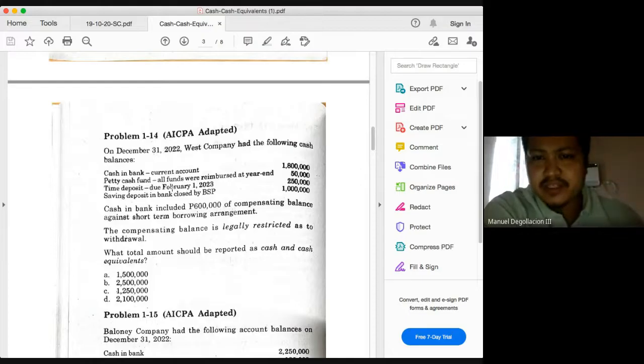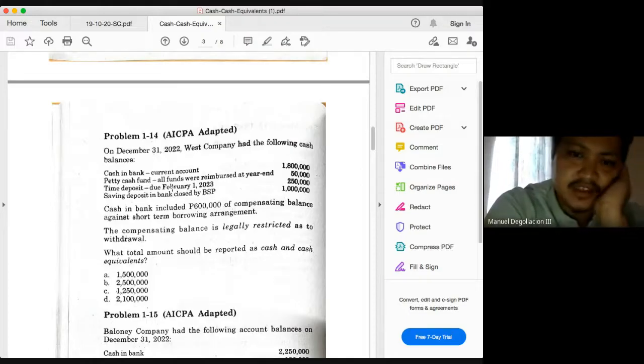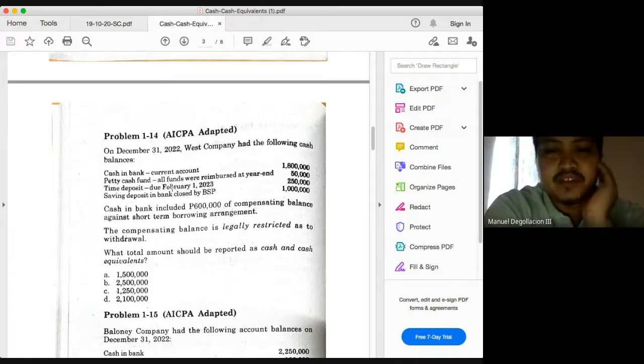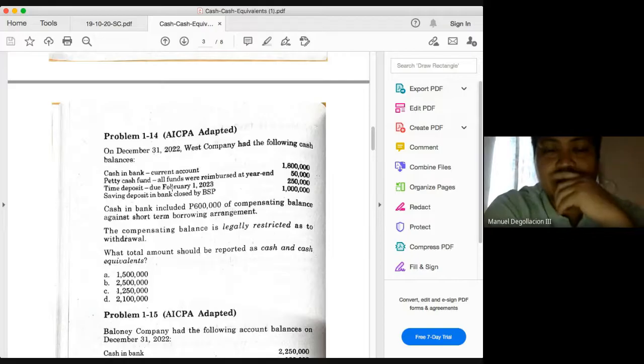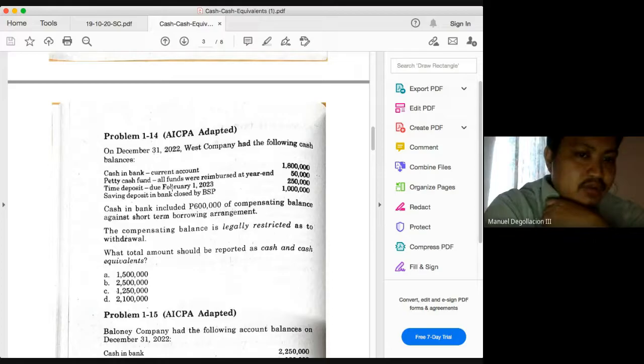Cash in bank included 600,000 of compensating balance against short-term borrowing arrangement. The compensating balance is legally restricted as to withdrawal. Since the compensating balance is legally restricted, our treatment there would be to exclude it from our cash and cash equivalents. So the 600,000 will be deducted from our cash in bank. So our cash in bank that will form part of our cash and cash equivalents will only be 1,200,000.